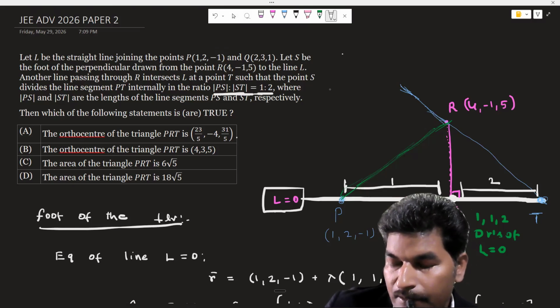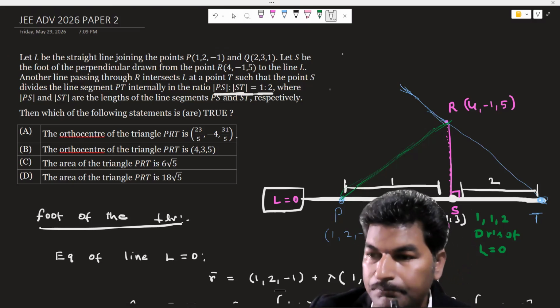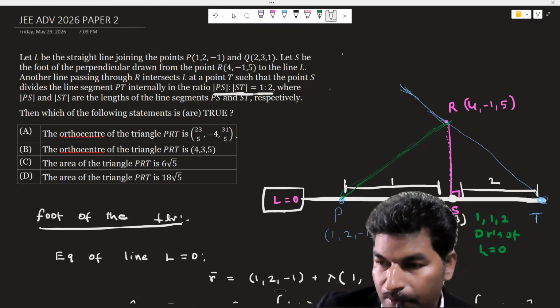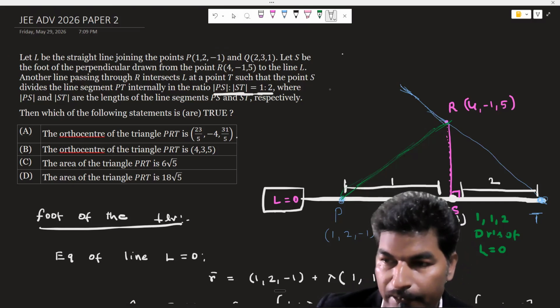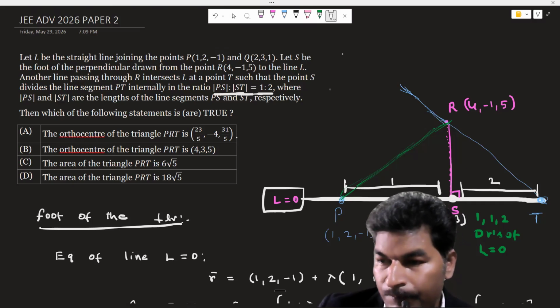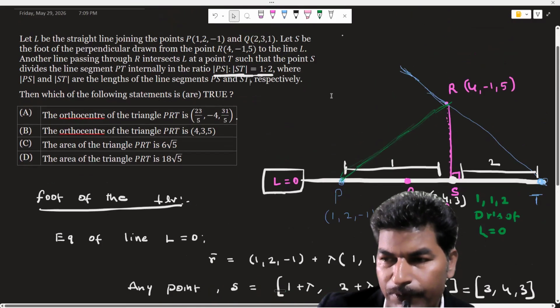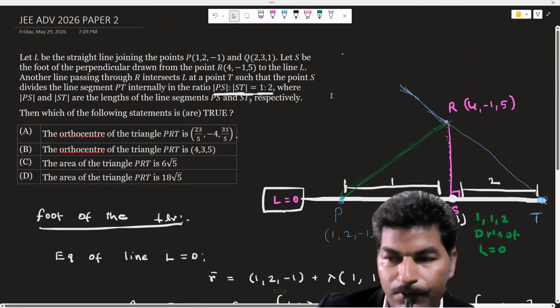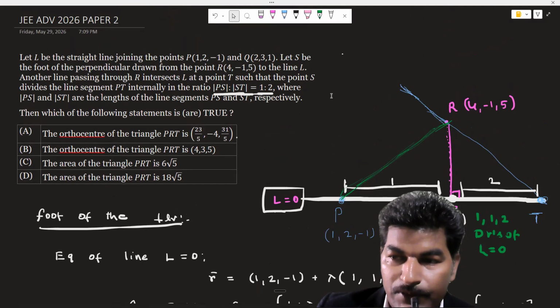We can also find the distance PT for the area of the triangle, and the height is RS, clearly shown here. So there is no need to calculate T directly. If you know the 1:2 ratio, you can calculate the point T.